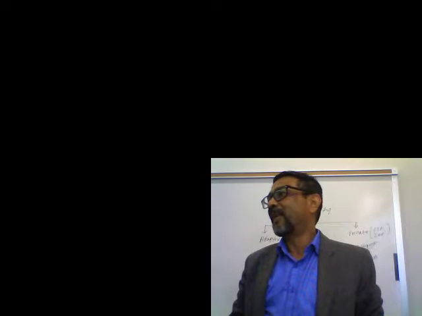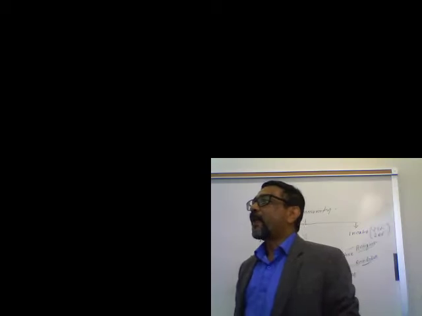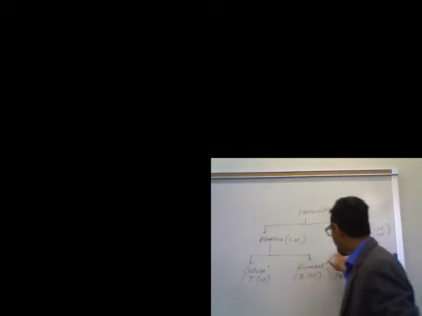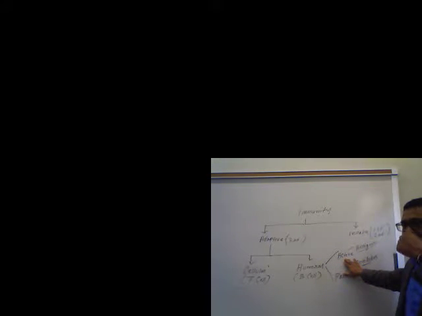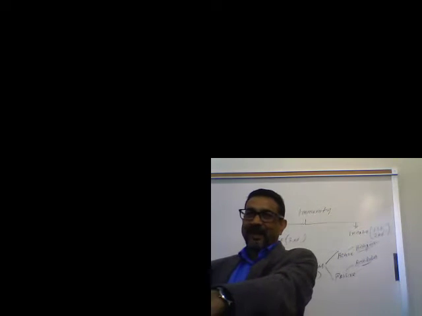Two ways your body gets antigen. One is natural. Antigens are everywhere floating in the air, right? And you are getting that antigen from outside. Is it clear? Like bacteria, virus you are getting from nature. That is natural active. That is entering into your body and your body is producing immunity. So that is natural active. Now, vaccine is also antigen, but we are making that in the lab. We are manufacturing that antigen in the lab and injecting it into the body.